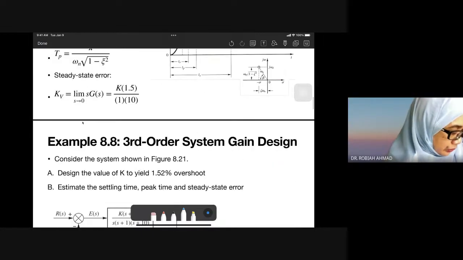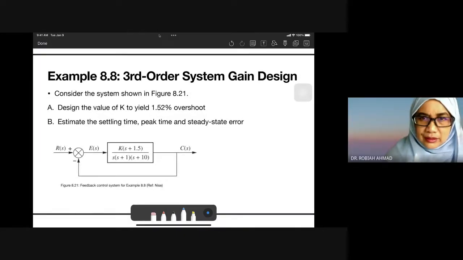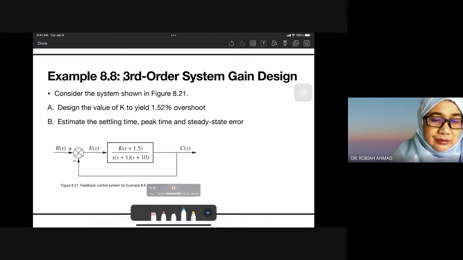Okay, so we proceed with the one that we stopped at during our last lecture, and this is example 8.8, third order system gain design. This one is from the Nise control system textbook. We have considered the system shown here in the block diagram, a feedback control system, for example 8.8.